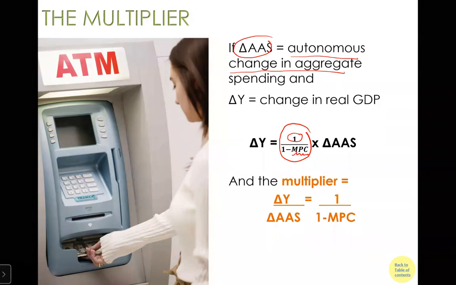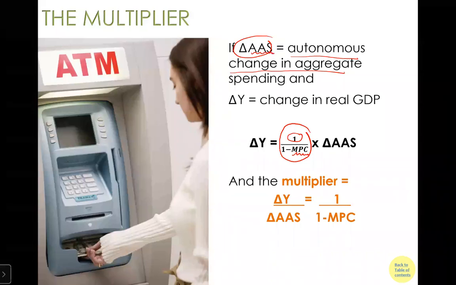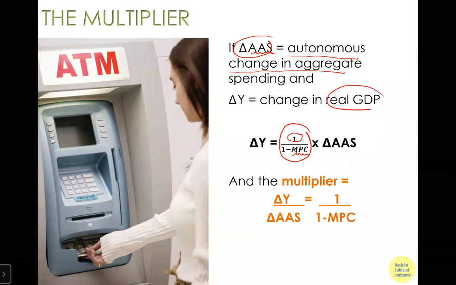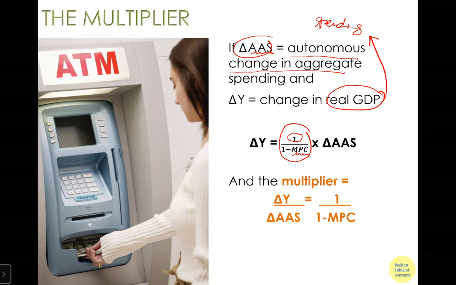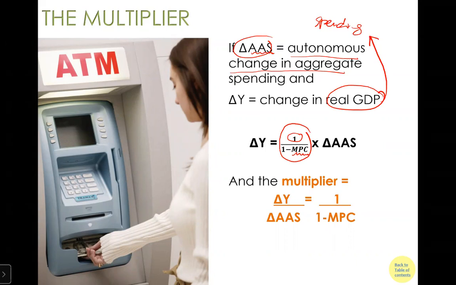If there's an initial change in autonomous aggregate spending, then the total impact on real GDP. So here, we look at GDP through the lens of spending. Just remind yourself, there are three ways to look at GDP, right? And then the total impact on real GDP is going to equal these changes in autonomous aggregate spending multiplied by this multiplier.